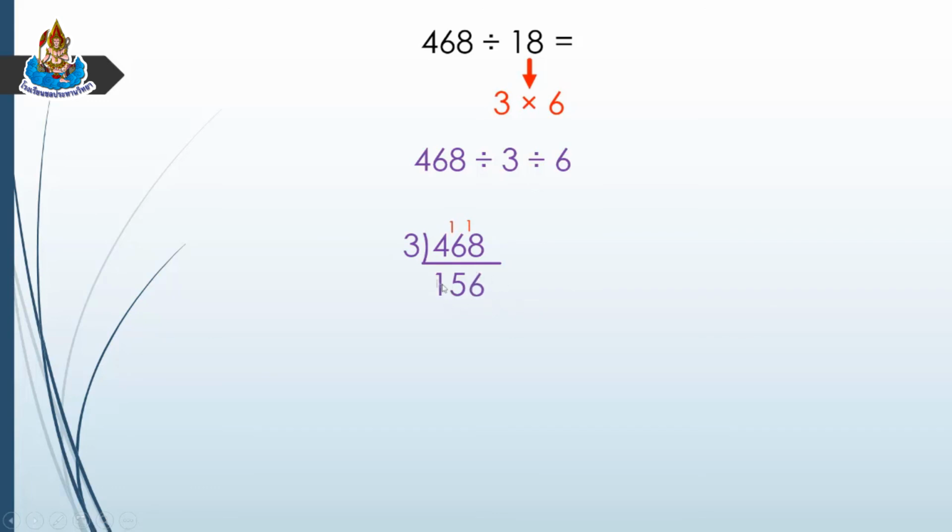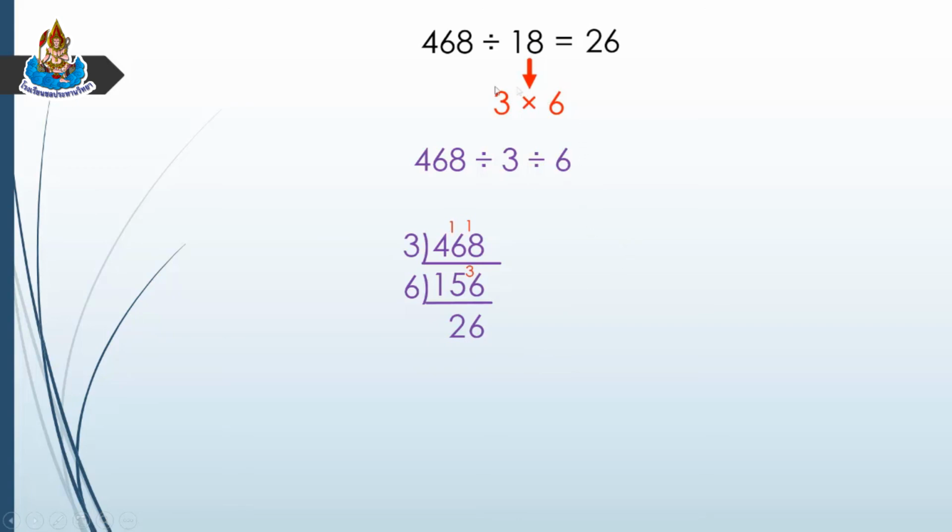Now the quotient 156 we divide by 6. 6 goes into 15 2 times and remainder 3. Now 6 goes into 36 6 times and our answer is 26.